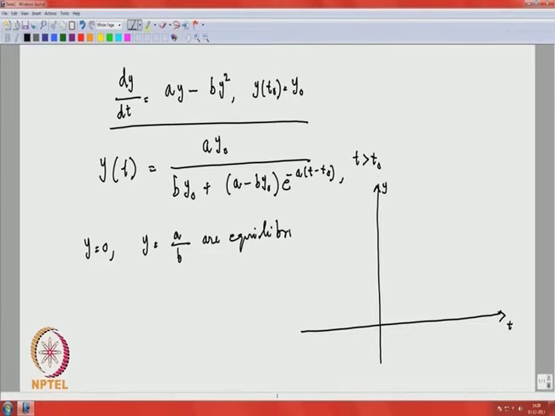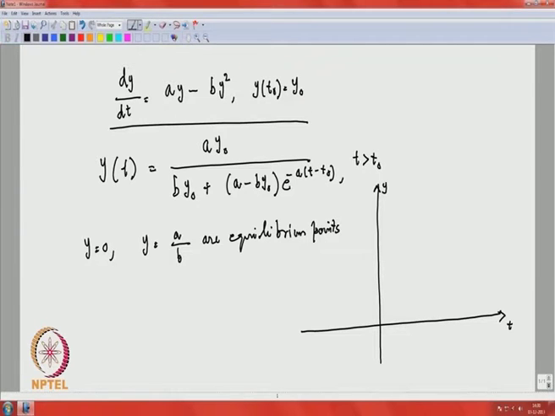You will see the exact definition of equilibrium points at a later time, but what they are is that y identically 0 is a solution to the system. Similarly, y(t) identically equal to a by b, the constants, are solutions to the system.